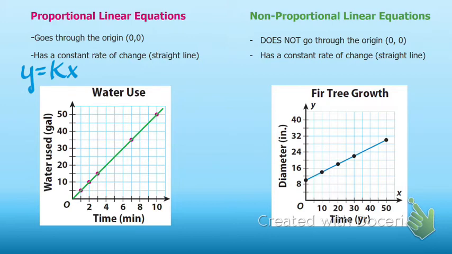So for example, yesterday, the state fair task we did, was the graph on the state fair task proportional or non-proportional? Non-proportional, because it didn't start from the origin. Where did it start?